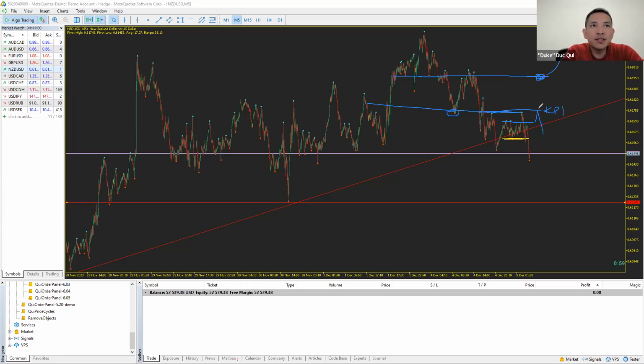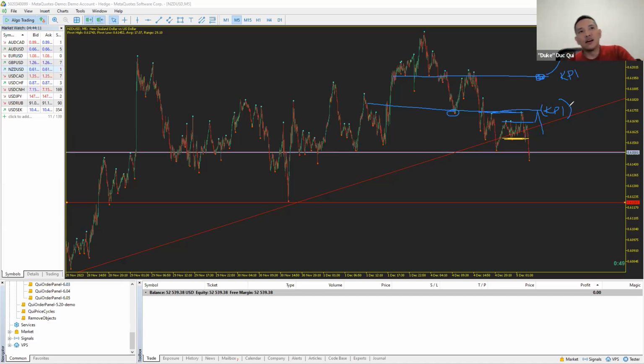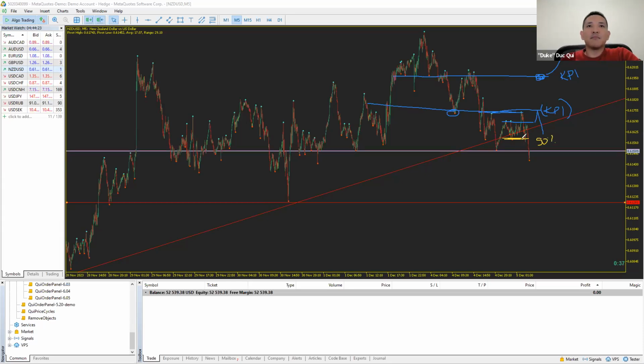If it breaks this, this is your current KPI, and your true KPI for your next one is this one. So the yellow, this was your current one, it's your 50%, but this is only your 50%. Does that make sense? So where's your next one? Well, the next one is where we're at right now.